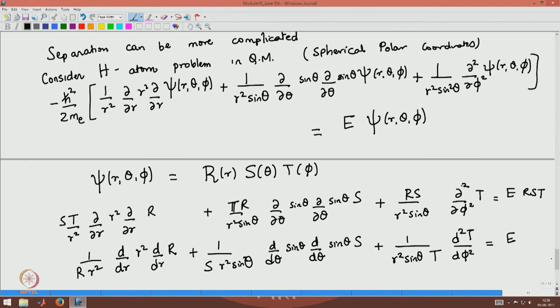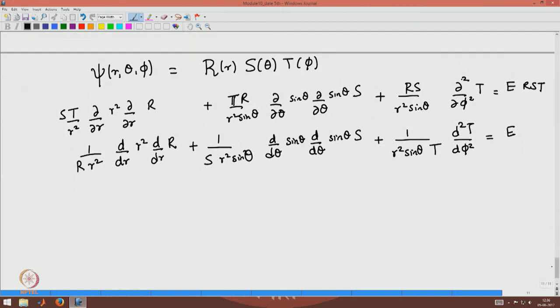Now what you notice is that I will just do one part of this separation, is that here this is the only term which has phi dependence.